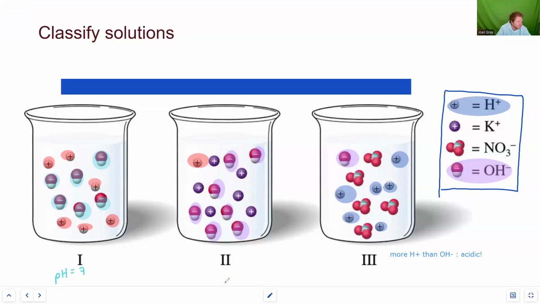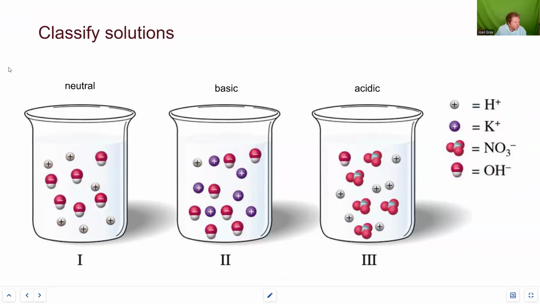Number 2 has a pH of, let's go with 10. And then number 3 has a pH of, we're going to call that 4. Now, you could argue that you think it's 3 rather than 4. Sure, that's fine, but we're on the same page and we don't need to get lost in the details there.